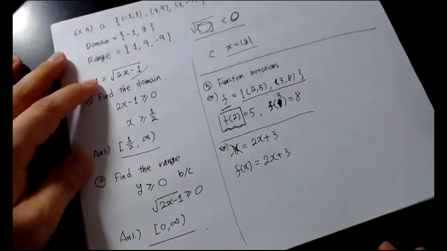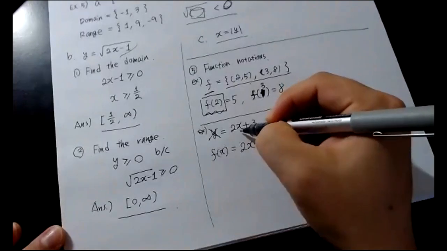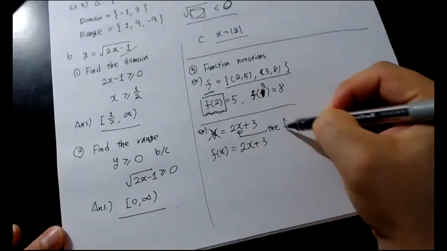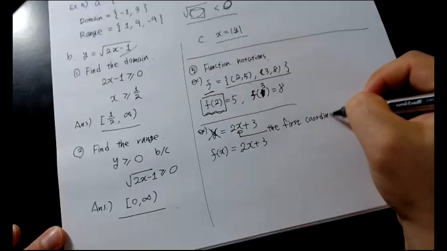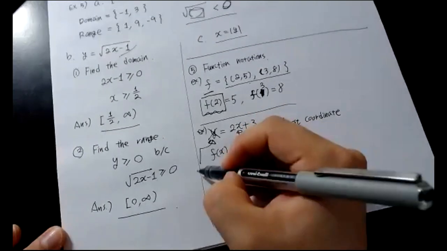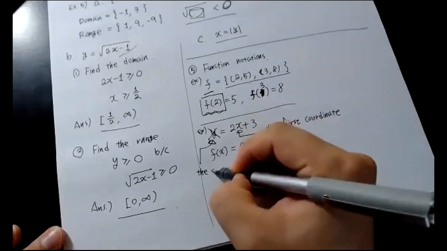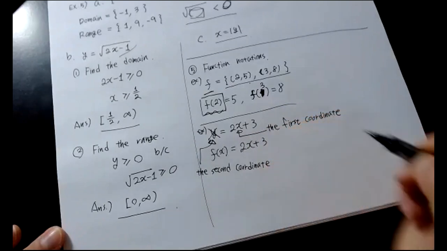So now I'm not going to use the letter y anymore. I'm going to use f of x, function notation. Here x represents the first coordinate, and y represents the second coordinate, or a y coordinate, either one is fine.